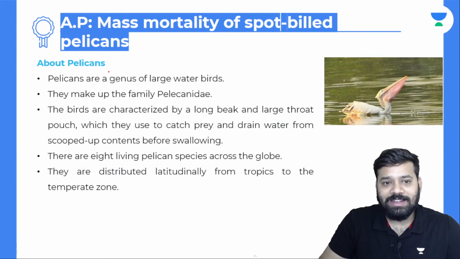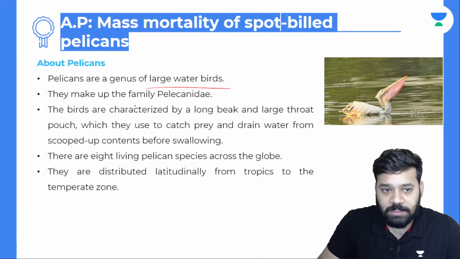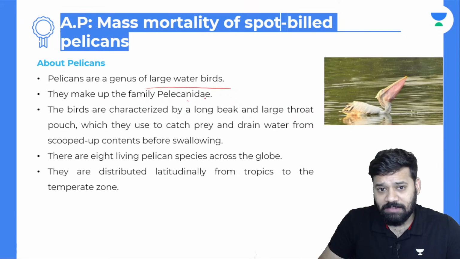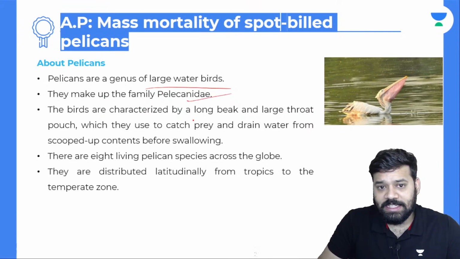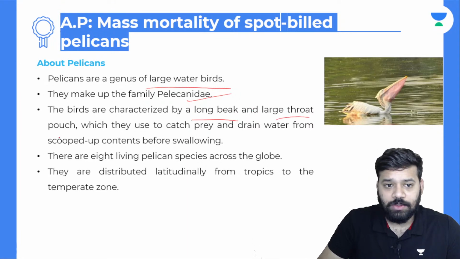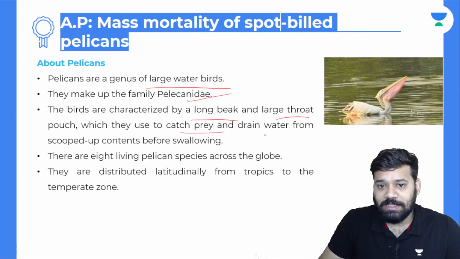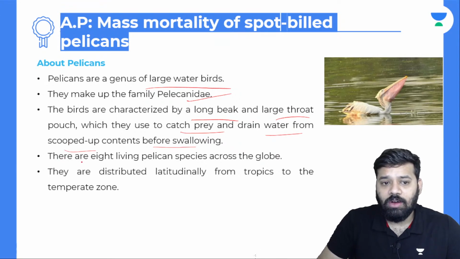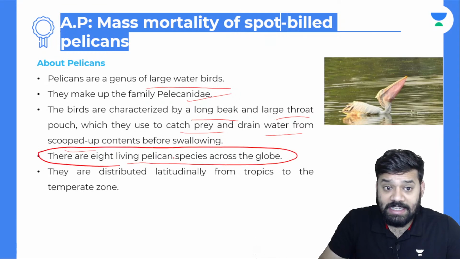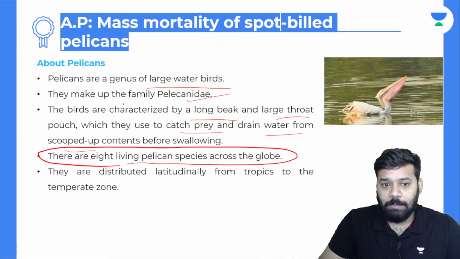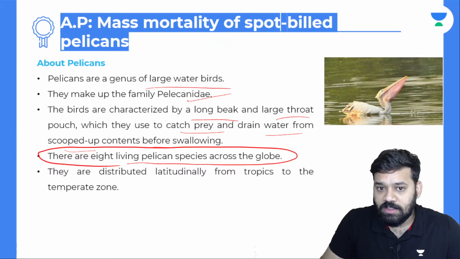Going forward about pelicans, pelicans are a genus of large water birds. They make up the family Pelecanidae. The birds are characterized by a long beak and large throat pouch, which they use to catch prey and drain water from scooped up contents before swallowing. There are 8 living species across the globe, and spot-billed pelican is one among them.